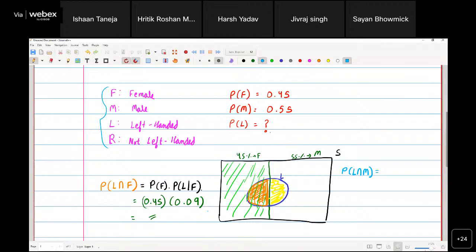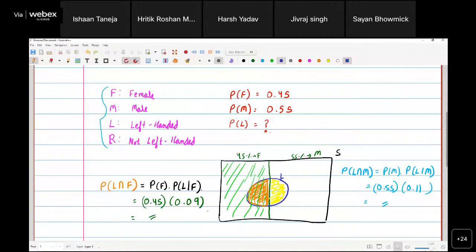Again, we can use the multiplication rule in a similar manner and find this probability. We know the probability of male is 0.55. Do we know L given M? 11%, because among all the males, only 11% are left-handed. So we can solve for this one.